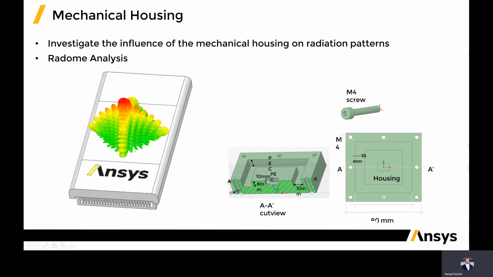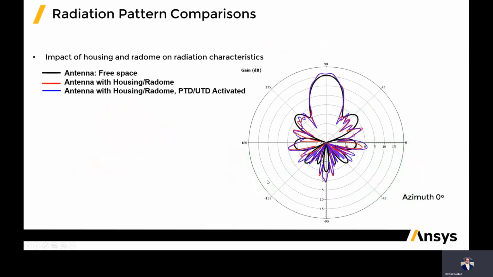So inside there we put the array, and we can start with the array in free space. How does it look like? And then we put the array inside this structure, which is inside this big radome unit or casing. Then we see what happens. This is the red curve. We see how this affects, right?